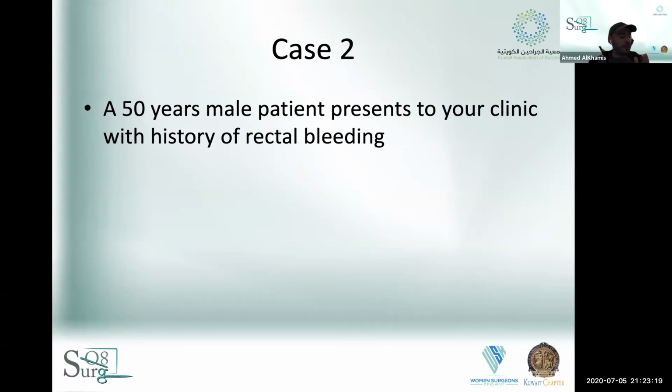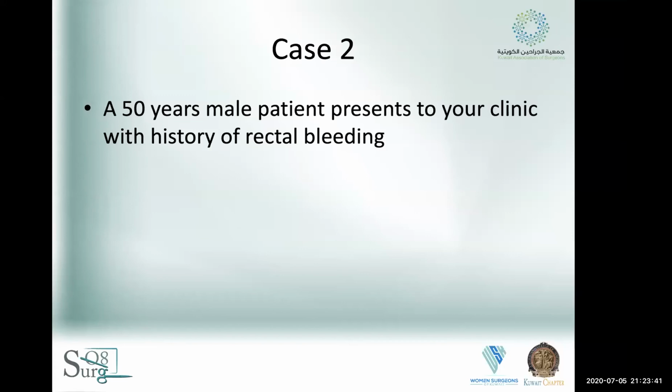Okay, so you're going to take a focused history about the presenting complaint, and then what else do you want to ask besides the presenting complaint? Any previous abdominal surgeries, any history of malignancy, if he has done a colonoscopy before or not. Nice. Okay, so no colonoscopy in the past, no malignancy in his family or himself, and no surgeries in the past.